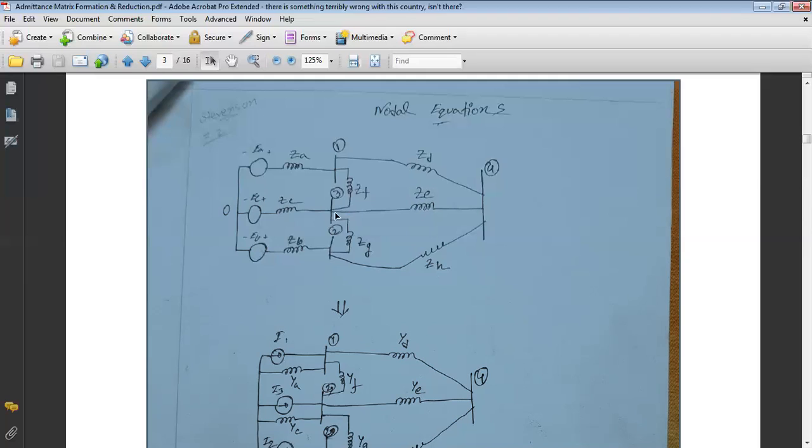If we mark it as bus 2, then bus 2 has 4 connections, but in the real picture bus 2 has 3 connections. There is no connection between bus 1 and bus 2. So if we want to relocate the bus numbers, we have to rearrange the connections as well.